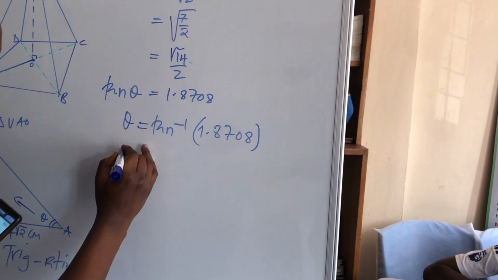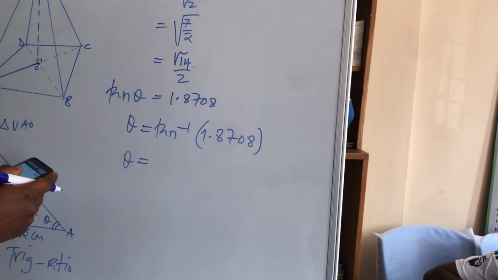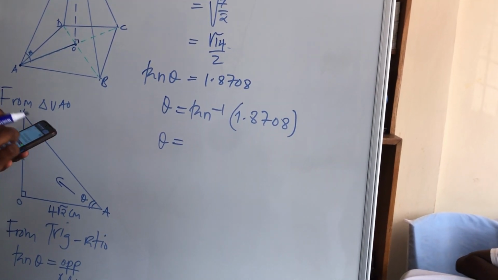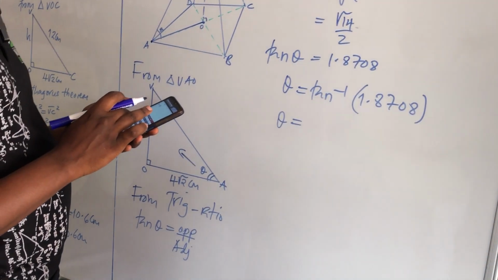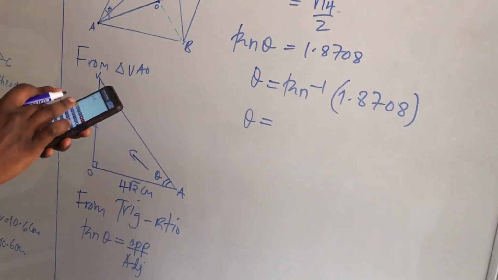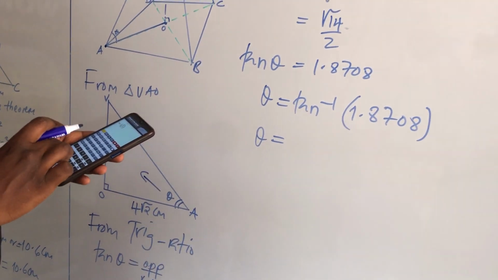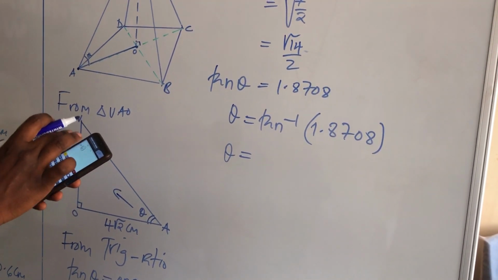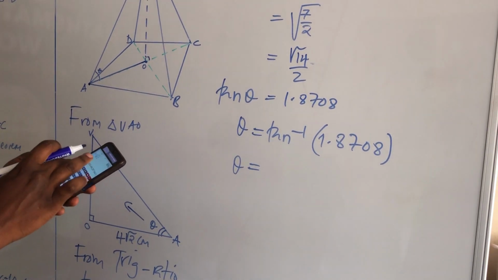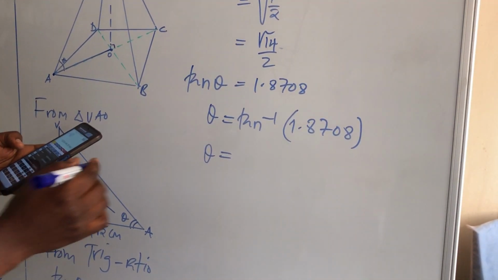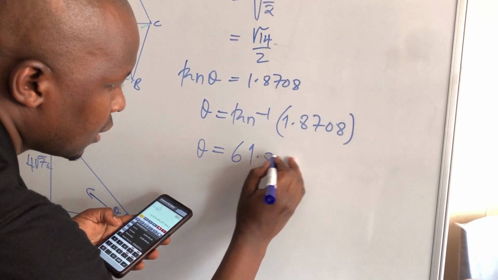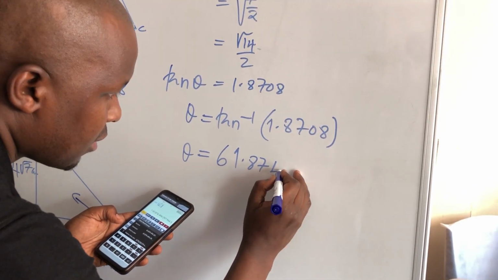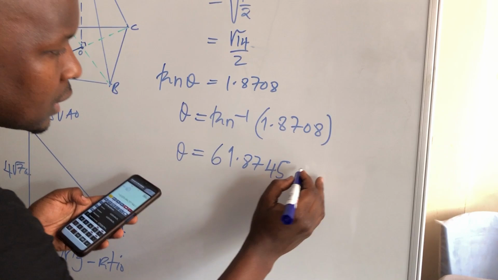From the calculator, tan inverse of this is 61.485 degrees.